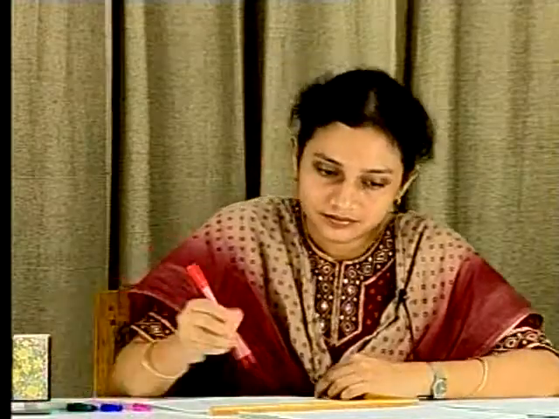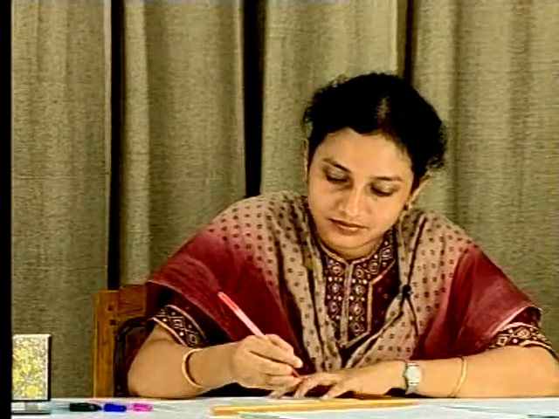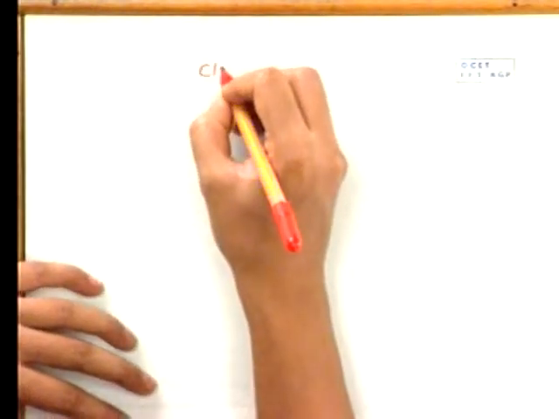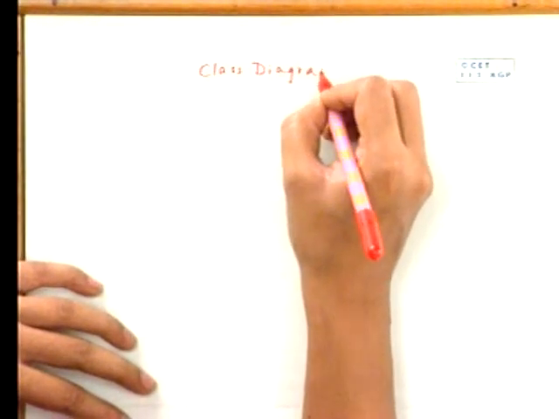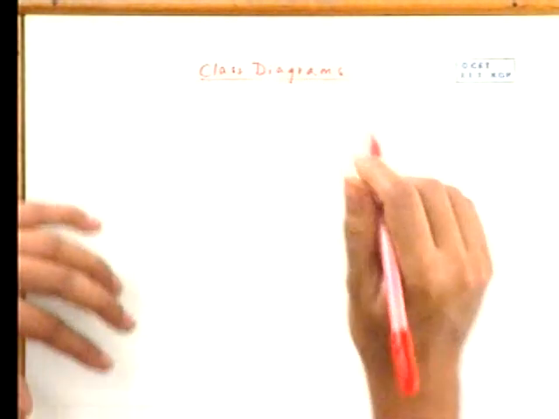Class diagrams are the most important and most commonly occurring diagrams found in modeling object-oriented systems. And as we have said, it contains classes, interfaces, collaborations, and different relationships between them.